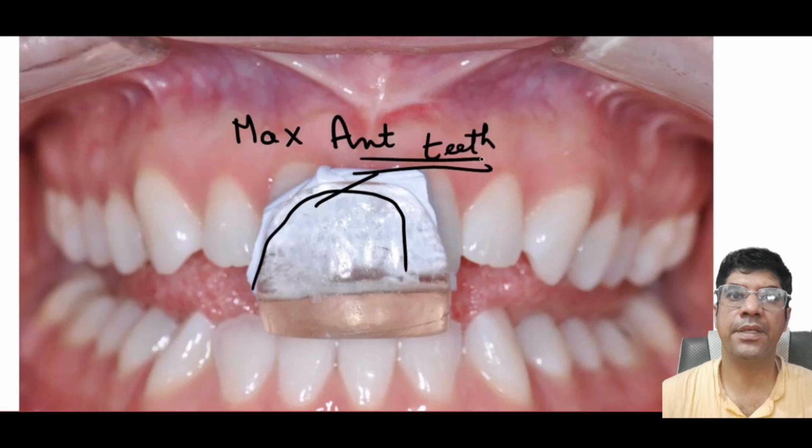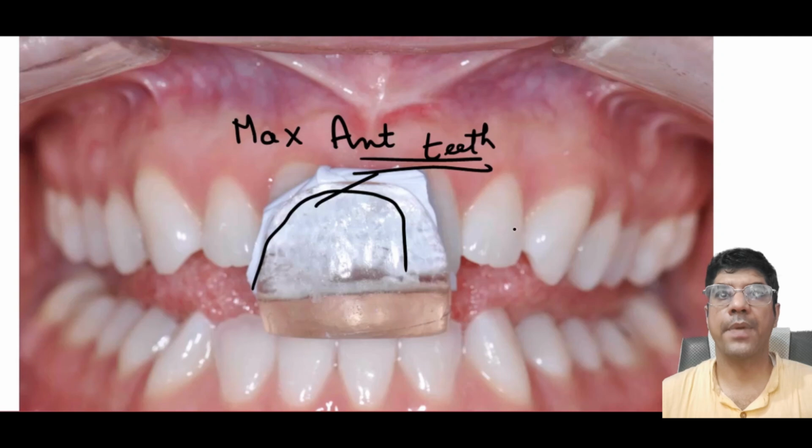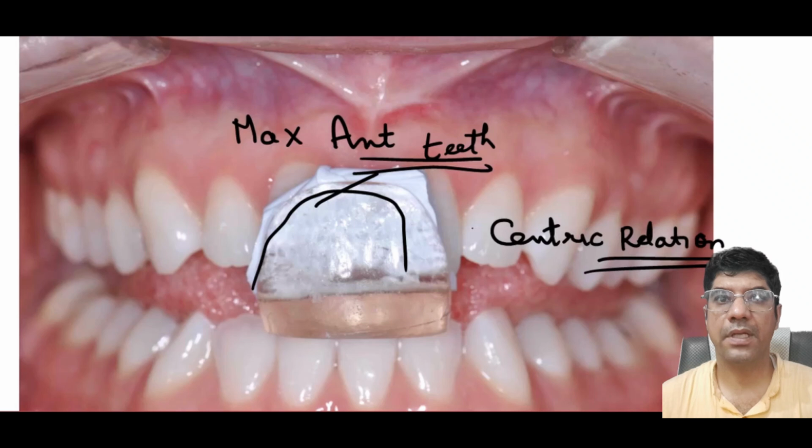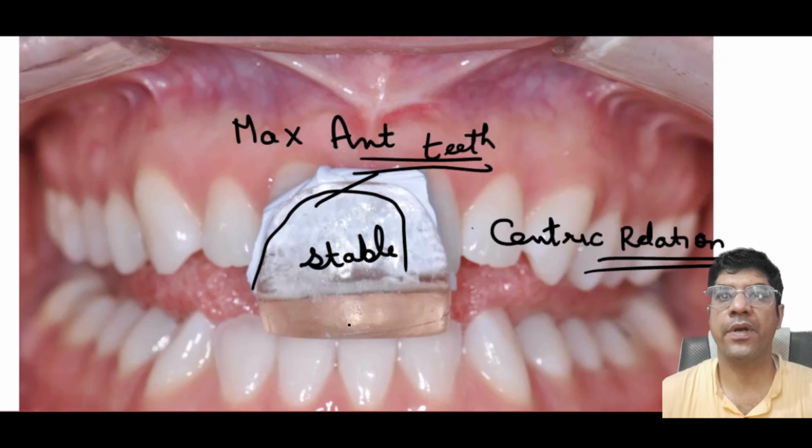Now let us discuss the purpose of anterior jig in prosthodontics. The primary function is to record the centric relation. That is important for ensuring the proper jaw alignment and occlusion in the complete denture. It helps to guide the mandible into the correct position by providing a stable and repeatable point of contact.